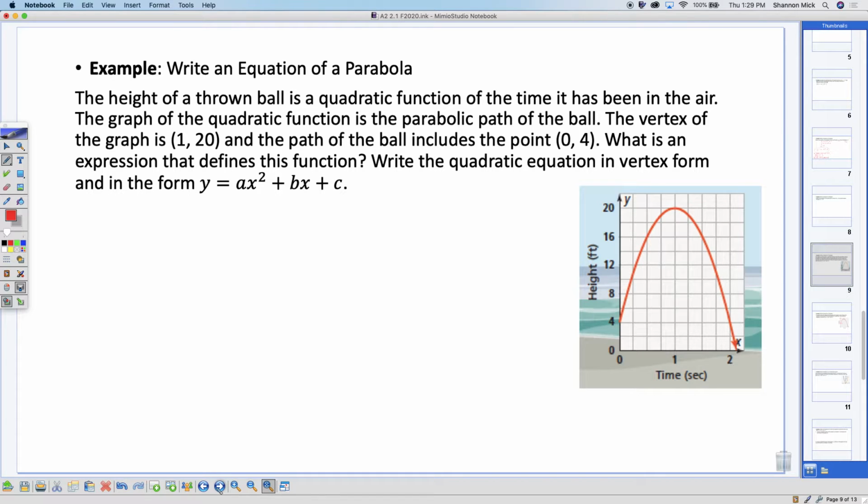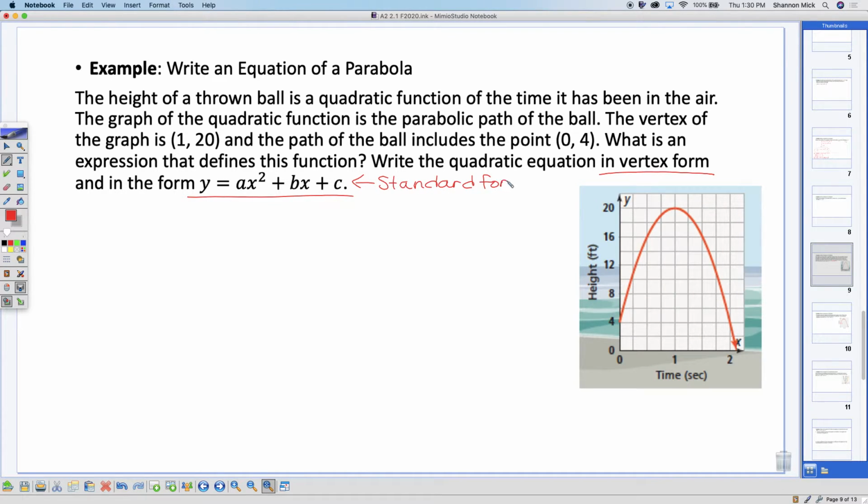But on the parabola, what is it? The vertex. So I have the vertex and I have a starting point. Can I write an equation? Yes. It wants an equation in vertex form. And it wants an equation like this, which is known as what kind of form? Standard.